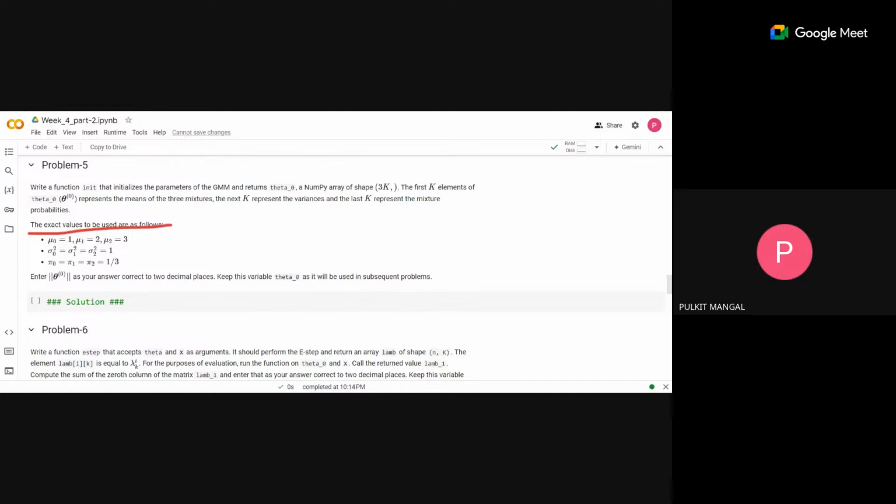The exact values we will be using are given here, and we have to find the norm of theta 0. I hope the question is clear to everyone. You just have to write a function init that initializes your theta naught and returns an array of size 3k, with the first k elements being the means, the next 3 the variances, and the next 3 the mixture probabilities.